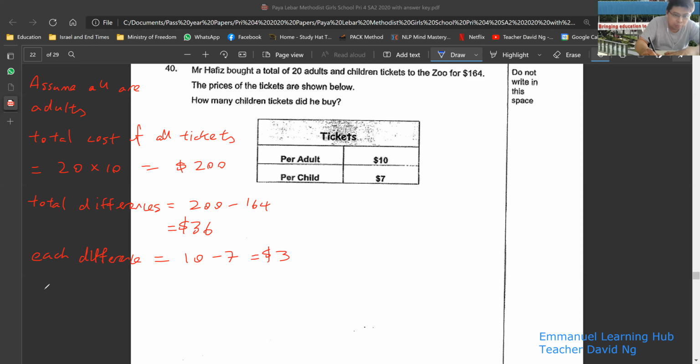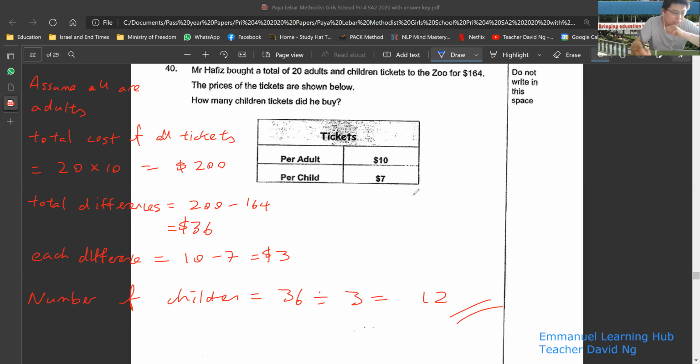So the number of children will be the total difference divided by each difference. Okay, so there are 12 children.